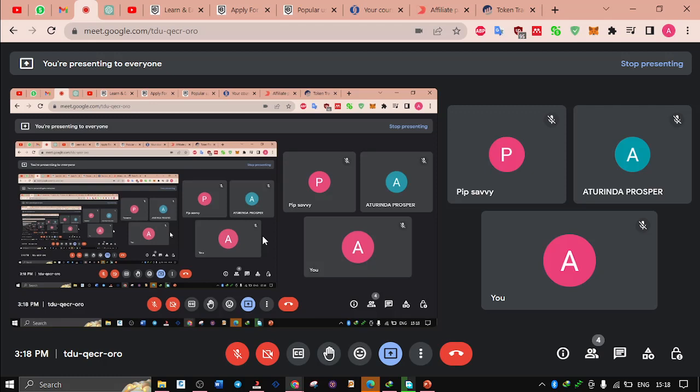Print that one in color, double sided, both sides. I don't know if you can put like four slides, 1 2 3 4 slides, on one paper, printing double sided.